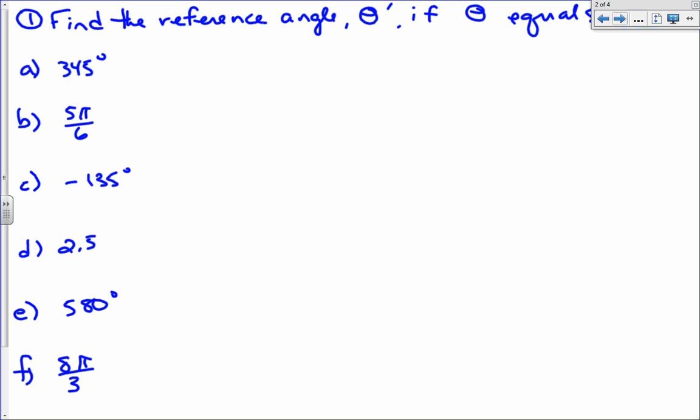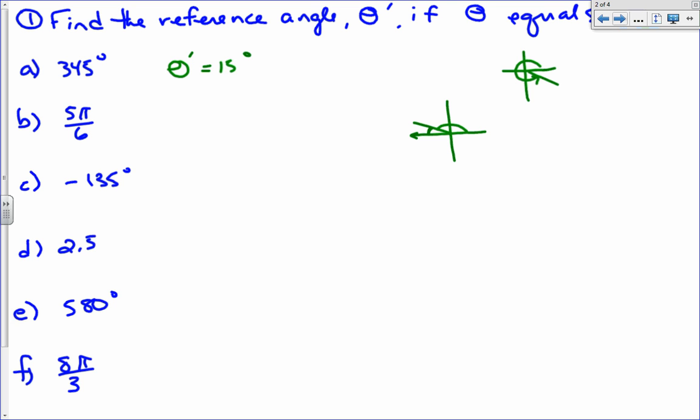To look at 345 degrees, you need to have a good idea of where that angle is. 345 degrees is in the fourth quadrant, and it's 15 degrees from 360 degrees, so our reference angle will be 15 degrees. 5 pi over 6 is in our second quadrant, 1/6 of a pi up from a whole pi of 180 degrees.